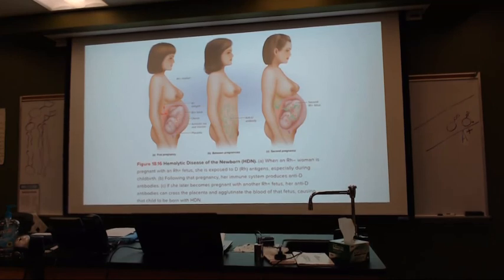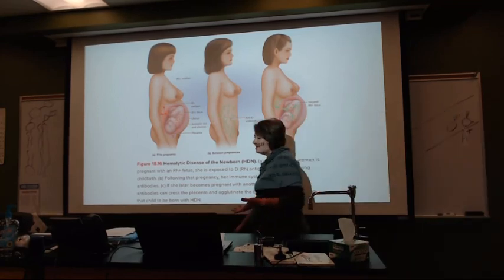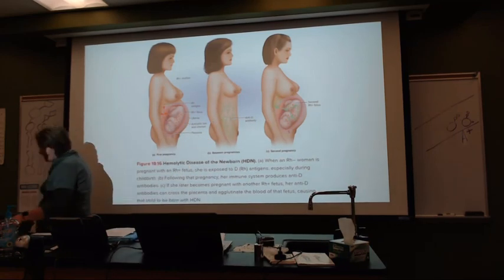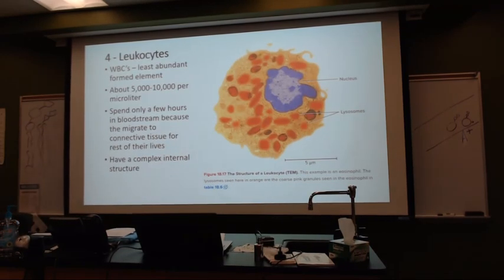The babies that are born, they usually identify it rather quickly. And I think the success rate has increased for babies that are born with HDN. However, it's extremely touch and go for quite a while. So that is the biggest issue with the blood typing, is at the time of pregnancy.